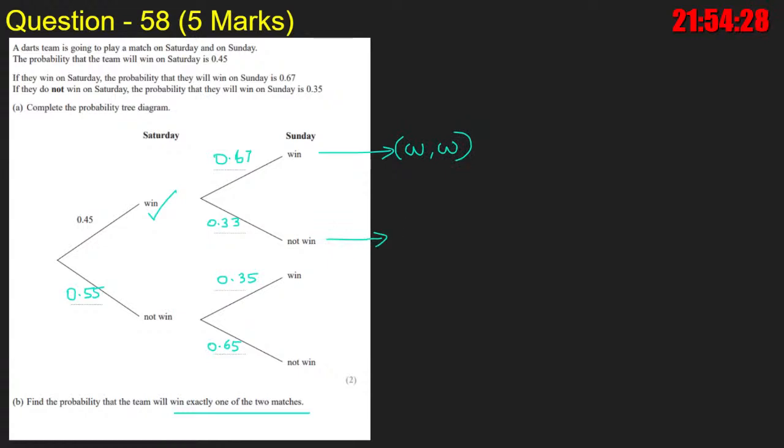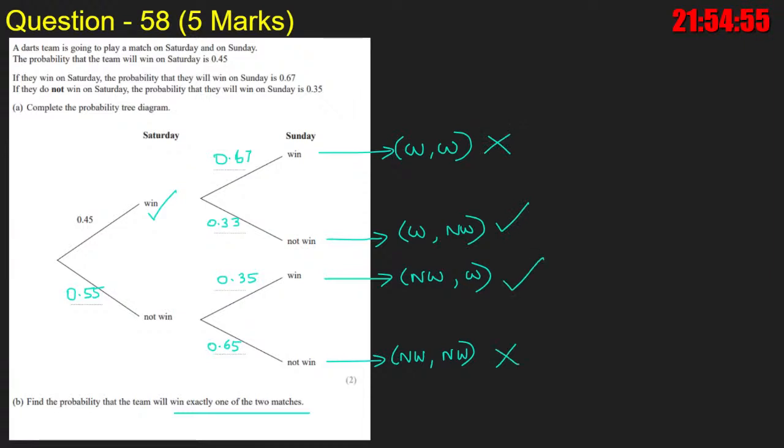This branch is first match win, then not win. This branch is not win first, then win. And the last branch gives not win, then not win. So exactly one of the two matches means this can't be right.